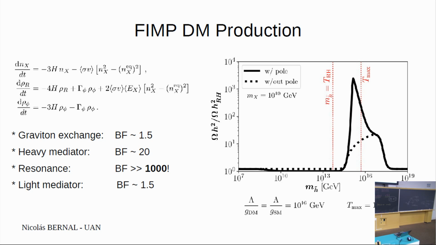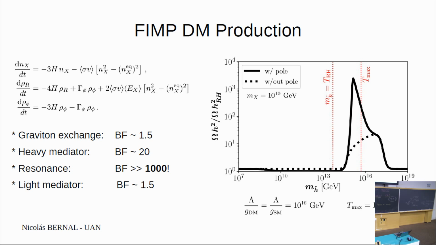The same happens when the interaction is mediated by the graviton. However, when you have a heavy mediator, you can have a boost factor of order 20 or so, and when you're near the resonance, the boost factor could be even higher than, I don't know, 1,000 or something like this. Could be orders of magnitude bigger than 1.